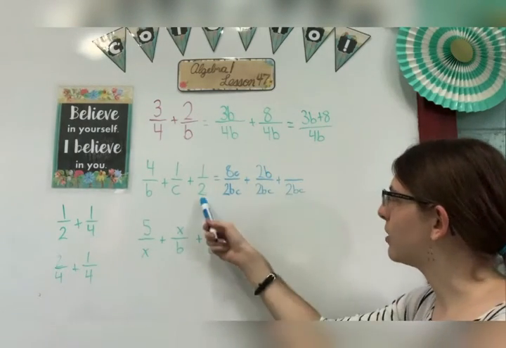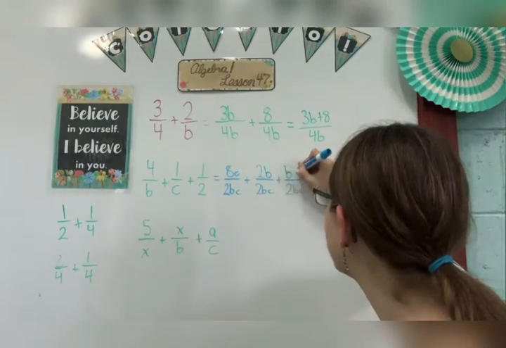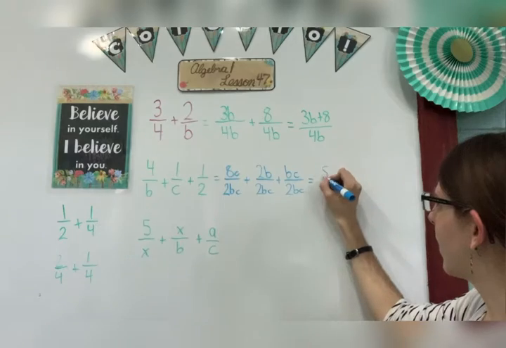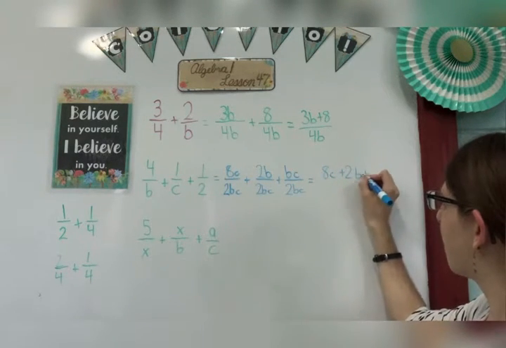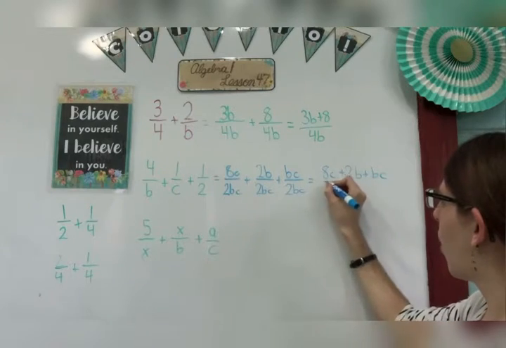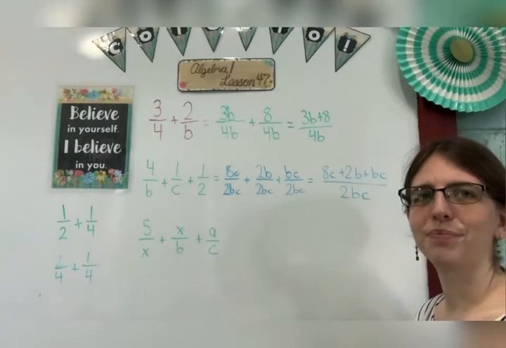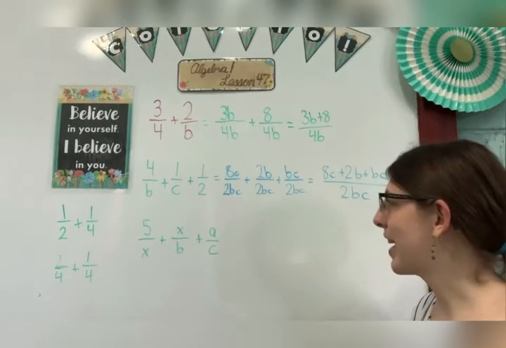This one, I just multiplied it by BC, so 1 times BC is BC. Now I add it all together, 8C plus 2B plus BC over 2BC. So far, so good, right? You got it? Okay, keep hanging in there.